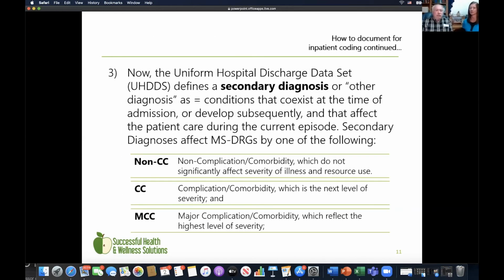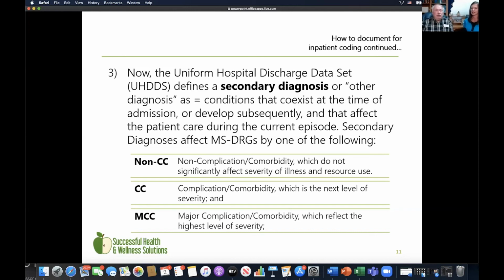Now, the Uniform Hospital Discharge Data Set defines a secondary diagnosis or other diagnosis as conditions that coexist at the time of the admission or develop subsequently and that affect the patient care during the current episode. Secondary diagnoses affect MSDRGs by one of the following. So with MSDRGs, we have 3 levels. We have our base level, which is a non-CC, which is non-complication or comorbidity, which does not significantly affect the severity of illness and the resources that are used.